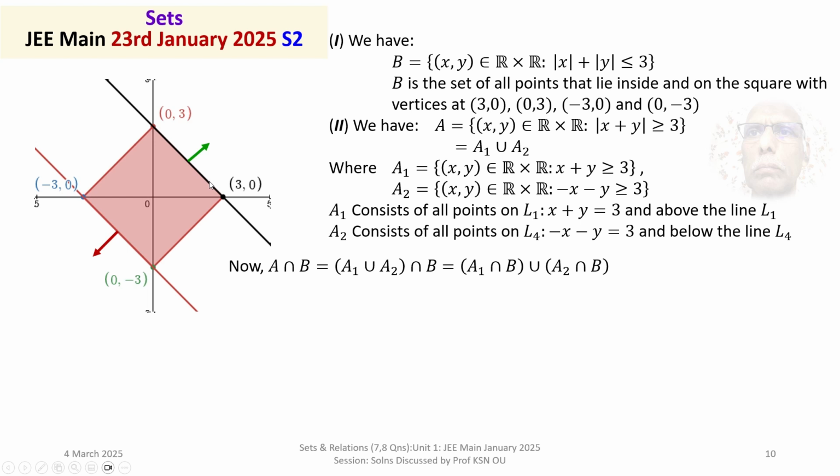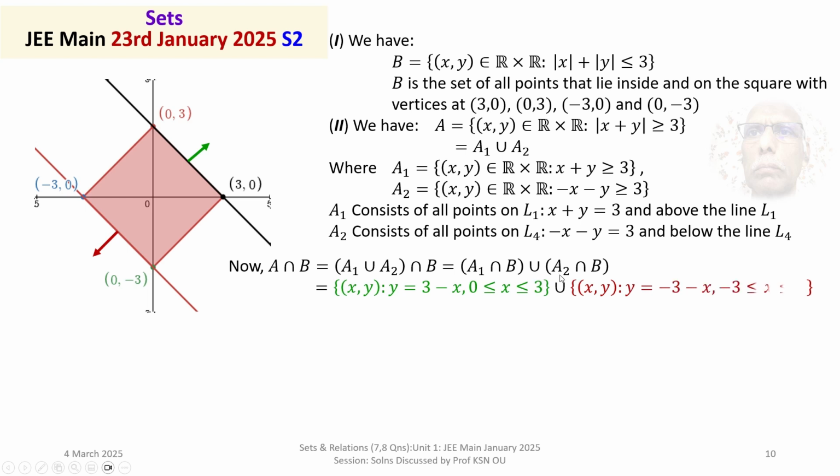All points on this line and the points above the line, intersection with B. It is the line segment joining 0, 3 to 3, 0. That is the set of all ordered pairs x, y, where y is equal to 3 minus x, where x varies from 0 to 3. This is A1 intersection B.